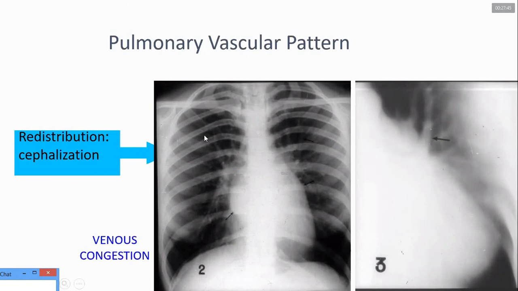There is a gradual increase in prominence of the vessels in the apical portion of the lungs and in the middle lung zone also. So this is gradual cephalization. Cephalization means more prominence of the apical and middle lung zone vessels, while in normal lungs, the apical vessels are visible, but they are not comparable.